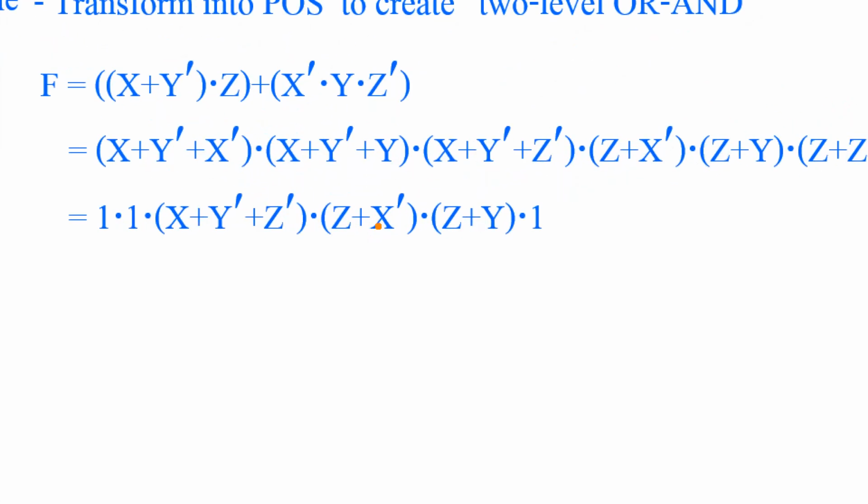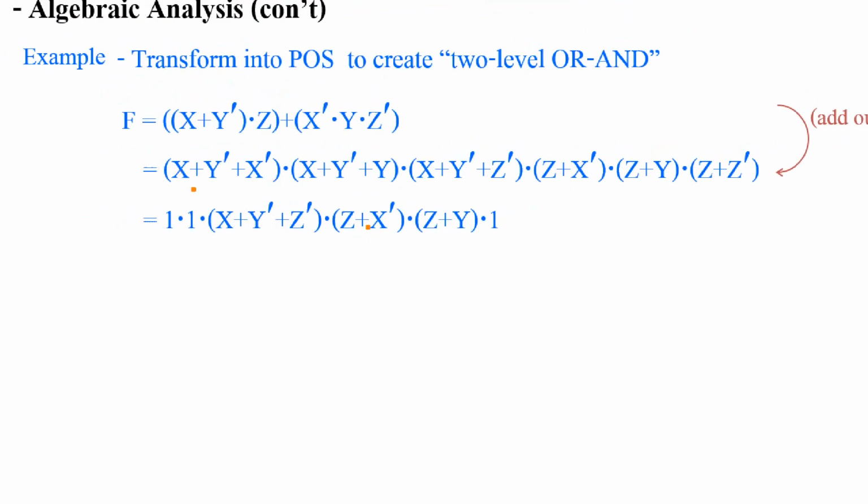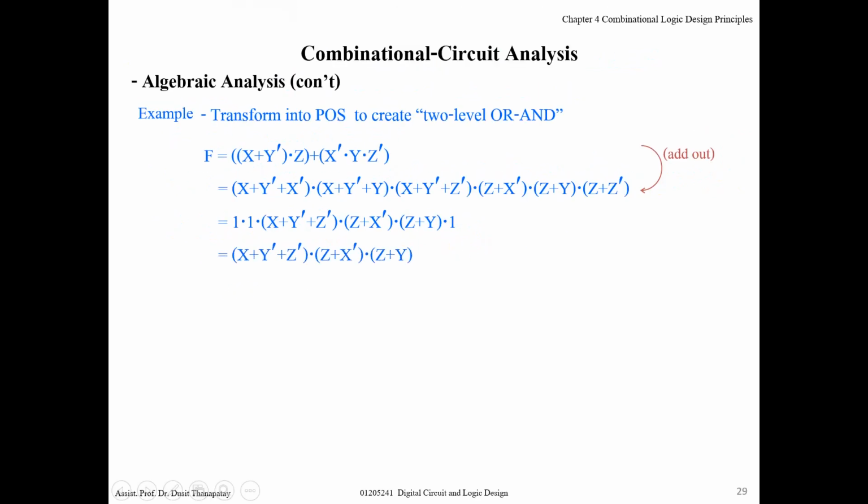After that, you just simplify this expression. For example, x plus x prime is 1, right? Y plus y prime is 1, right? And what else? This one, right? Z plus z prime is 1. So we get the result of product of sum, by using this add out process.